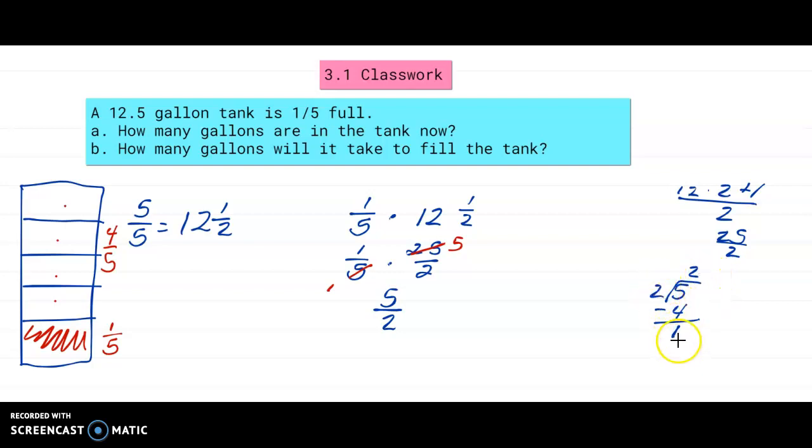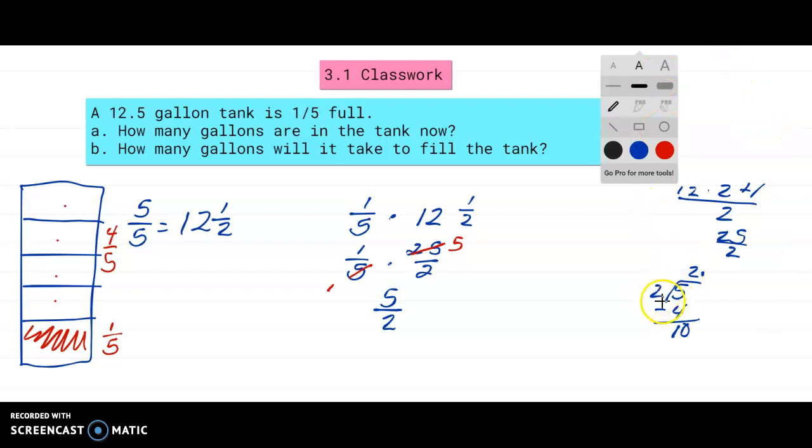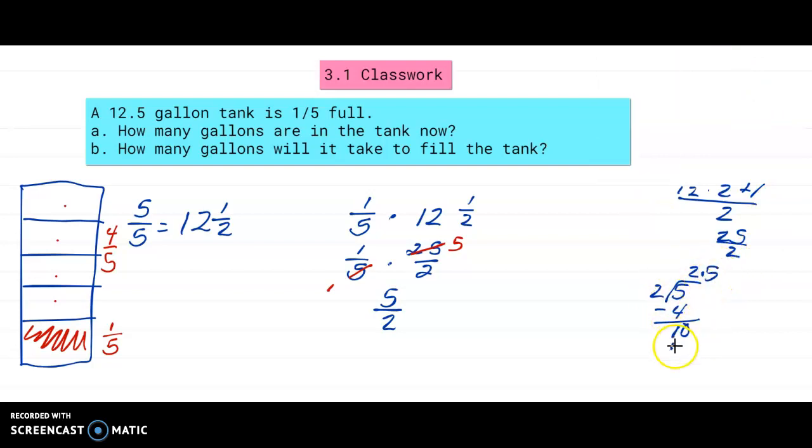I cannot divide 2 into 1, so I'm going to put a decimal and a 0. 2 goes into 10 5 times. 5 times 2 is 10. When I subtract, I get 0.